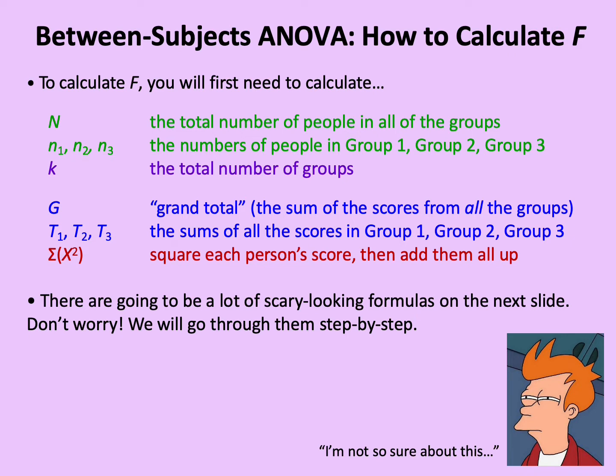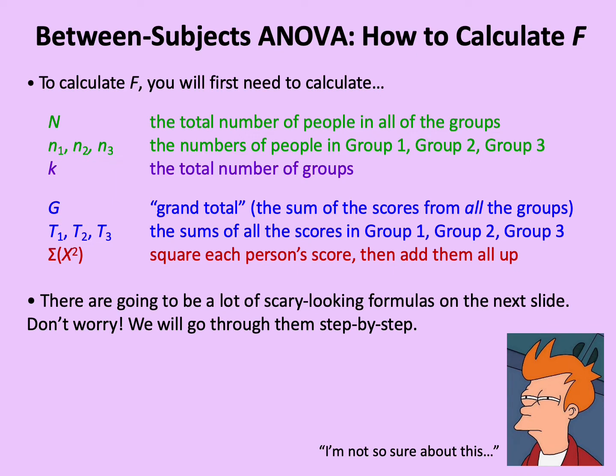And then we have n sub 1, n sub 2, and n sub 3, and all that means is how many people are in group 1, how many people are in group 2, and how many people are in group 3. You can designate whatever level or group you want to stand in for 1, 2, or 3. It doesn't matter.